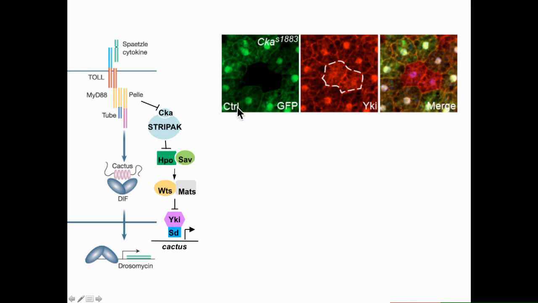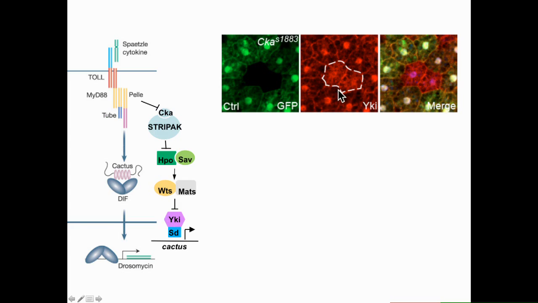In the normal genetic background, most of the Yorkie is in the nuclei. However, if you make mutant clones of the CKA subunit of this PP2A complex, you can see that Yorkie is now translocated to the cytoplasm. It's no longer concentrated in the nuclei.